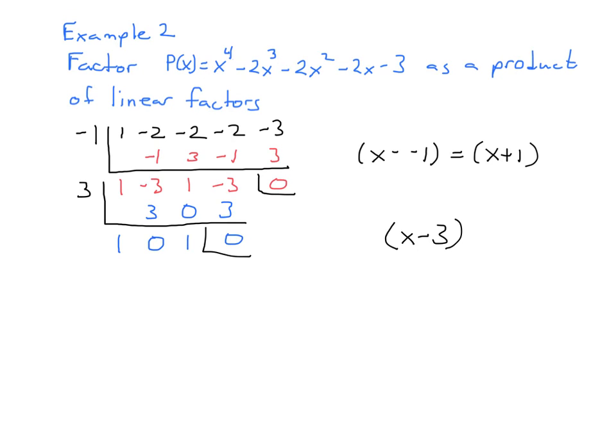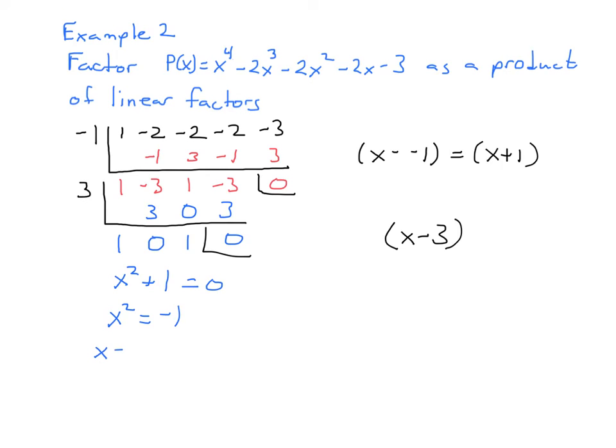The other thing I have now is that the result here is a quadratic, x squared plus 1. So I just need to solve that one. I set it equal to 0. This one's a real easy one to solve. I subtract 1 and get x squared equals -1.